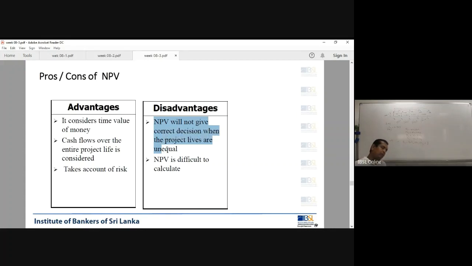If one project is 4 years and one project is 8 years, you can't compare. NPV is difficult to calculate. Not like the previous two, payback period and the ARR, NPV calculation is a little tougher. But this is the proper thing. We consider the time value of money as well.